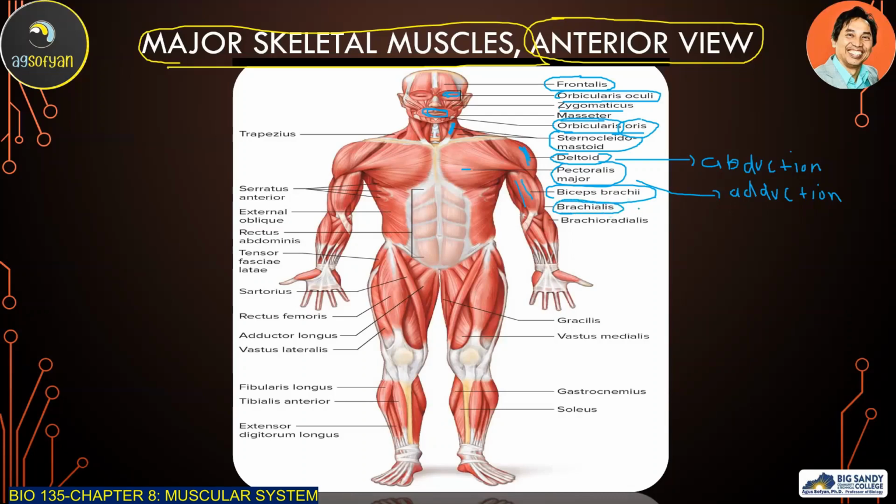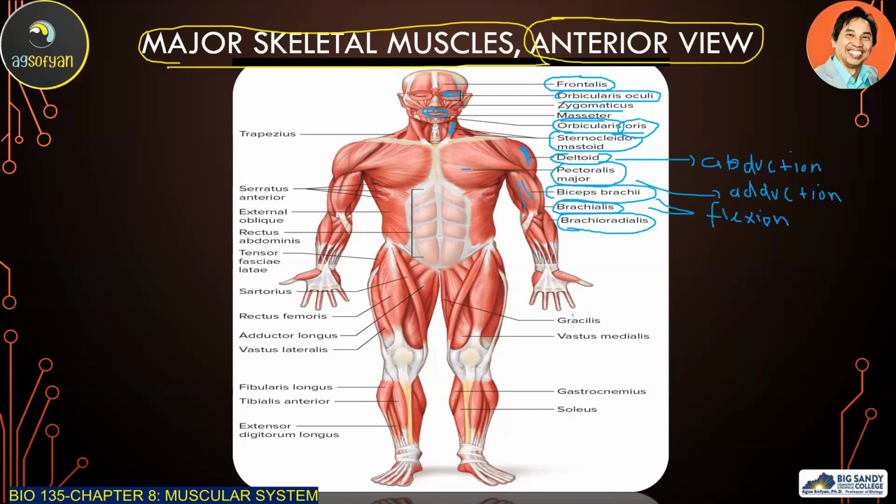These are the two synergistic muscles that will flex our elbow. So this is flexion. Brachioradialis, this is a muscle that can be used to rotate or twist our arms over here.